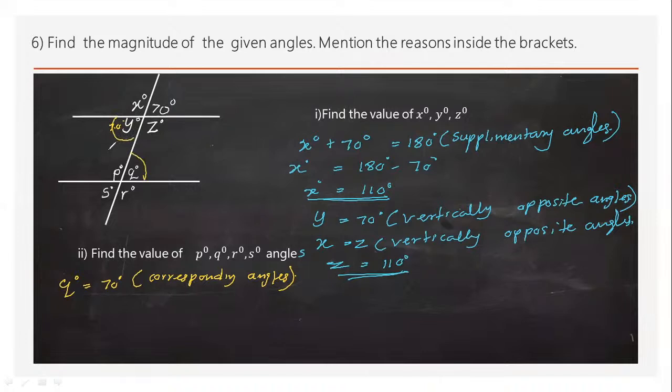The reason is alternate angles, because this is in between two parallel lines. Then we can write y equals q, the reason alternate.